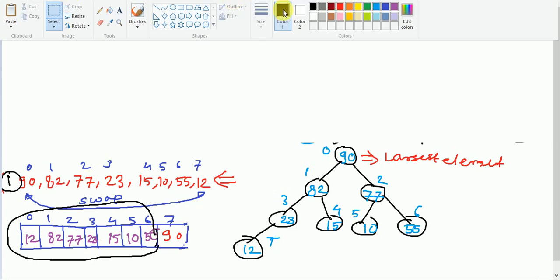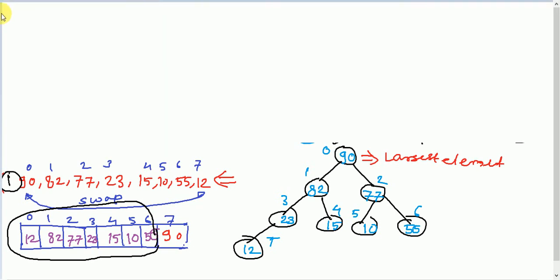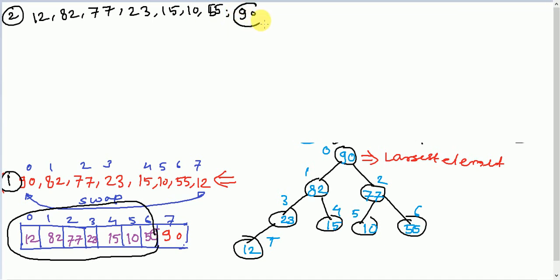Now in the second pass we have input like this: 12, 82, 77, 23, 15, 10 and 55. This 90 is already in its place, so we are not going to consider the 90.